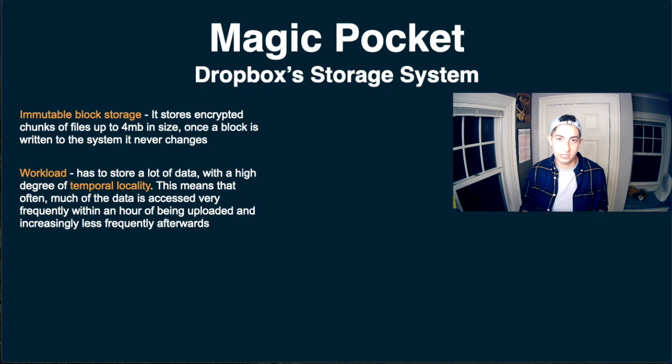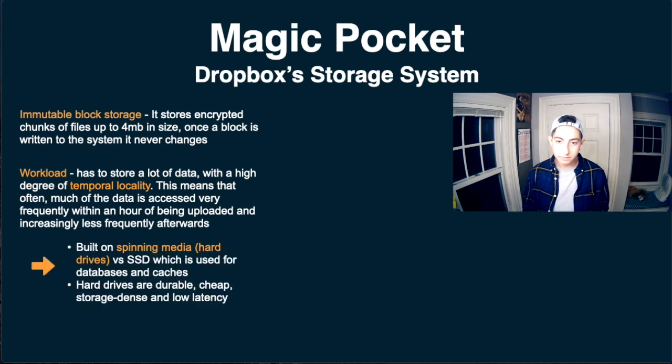That makes sense in general, just with files and how users use this sort of system. So what did they do? They built this on spinning media, which is hard drives, versus SSD, which I think stands for solid state drive, which is used for databases and caches.